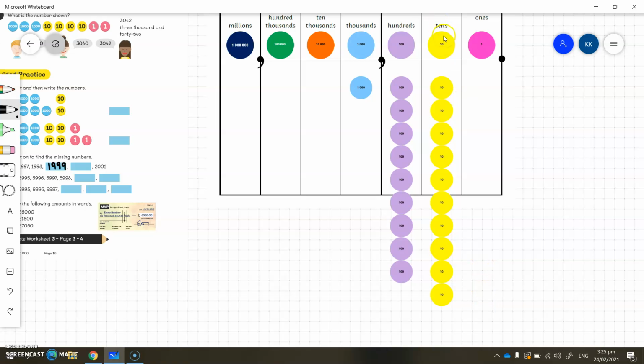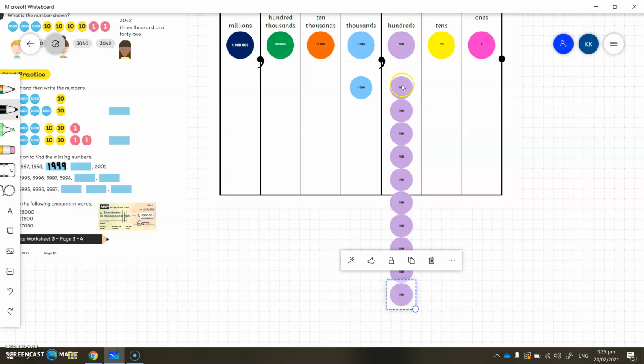In the tens place, I now have 1, 2, 3, 4, 5, 6, 7, 8, 9, 10 tens. I know that when I have a group of 10 tens, I have the equivalent of 100. 10, 20, 30, 40, 50, 60, 70, 80, 90, 100. So I exchange those 10 tens for 100.